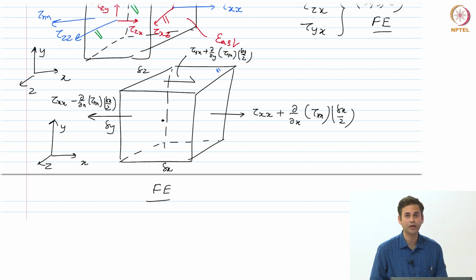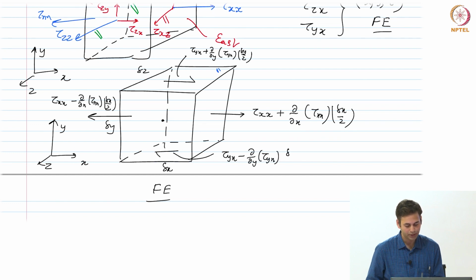Then I would draw a positive shear stress on the negative y plane in the opposite direction, because this is a negative y. It is positive if it is acting in the negative x direction. So this is tau yx minus partial y tau yx delta y by 2. That is the tau yx stresses that we have on the north and south faces.